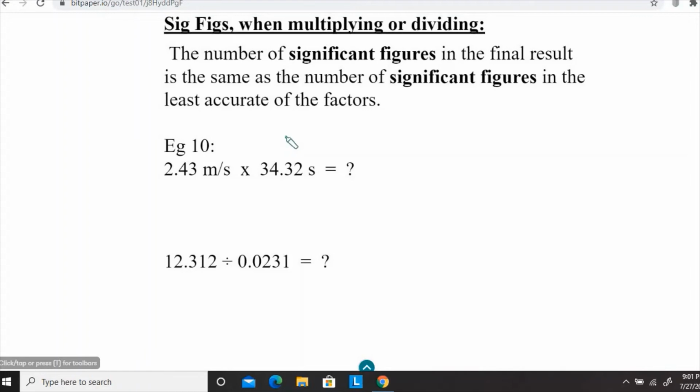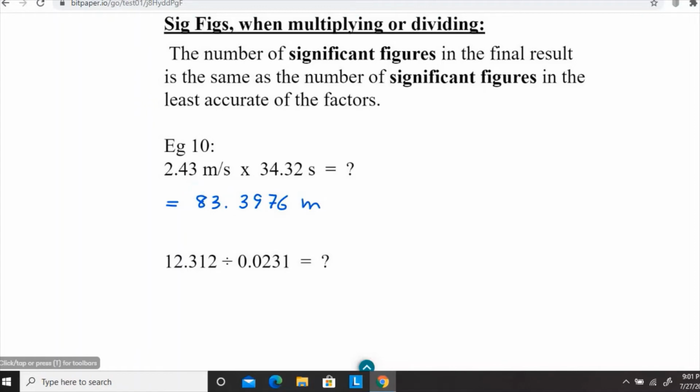For example, if we look at the multiplication of these two factors, we have 2.43 meters per second multiplied by 34.32 seconds. So here the answer would be 83.3976 meters.